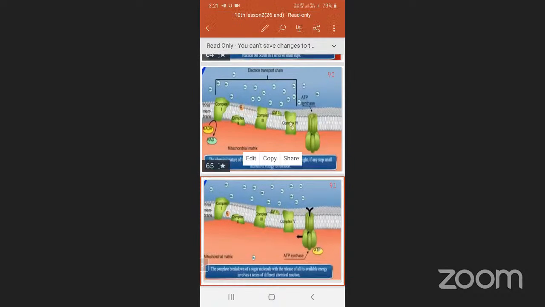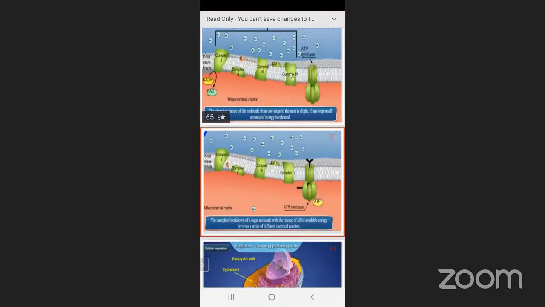The complete breakdown of a sugar molecule with the release of all its available energy involves a series of different chemical reactions.